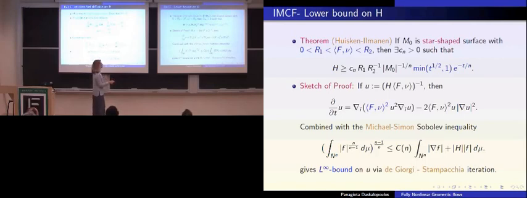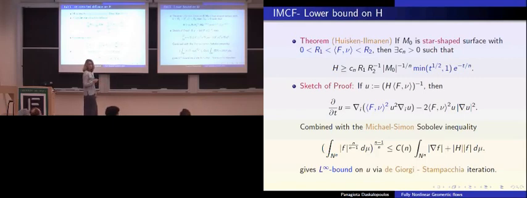If the initial hypersurface is star-shaped, this means that f dot nu, where f is the position vector, dotted with the normal vector, is bounded from above and below. Now, because of this equation, the maximum principle says this is controlled from above and below for all time. Maybe it deteriorates the bound from above, but it's still controlled. And once this is controlled, we can get a bound from below on H.